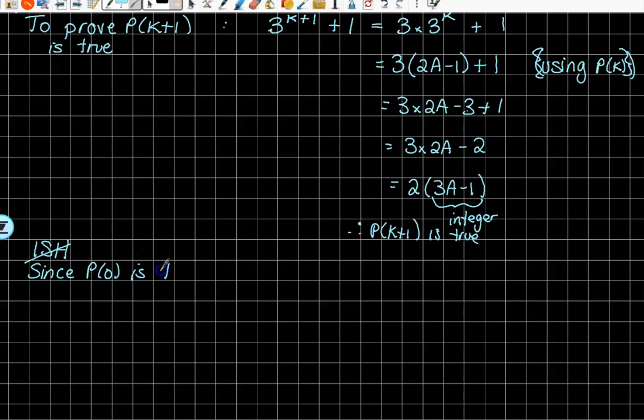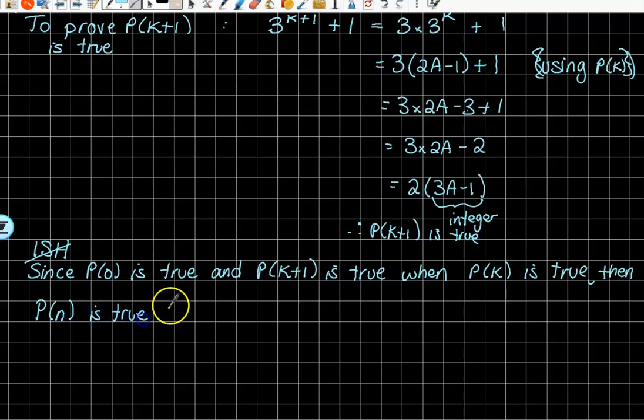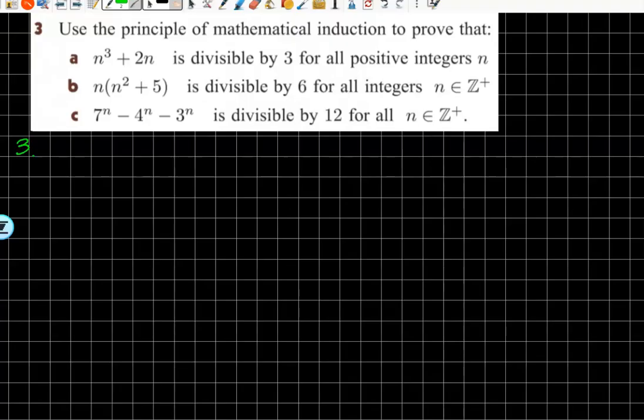So since P(0) is true, and we prove that P(k+1) is true whenever, you can write whenever, shorten it down, when P(k) is true, then that allows us to say that P(n) must be true for n greater than 0. Huzzah.